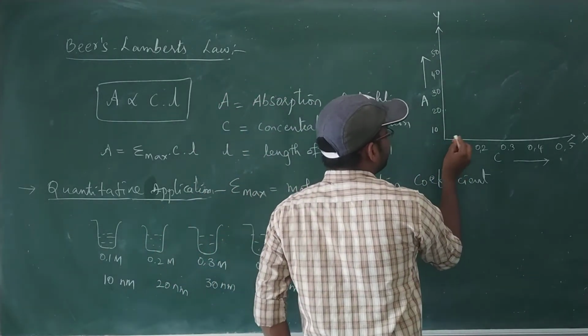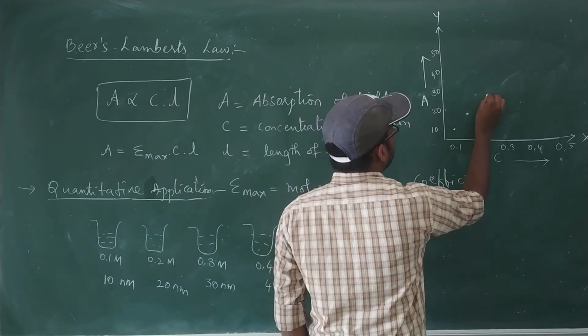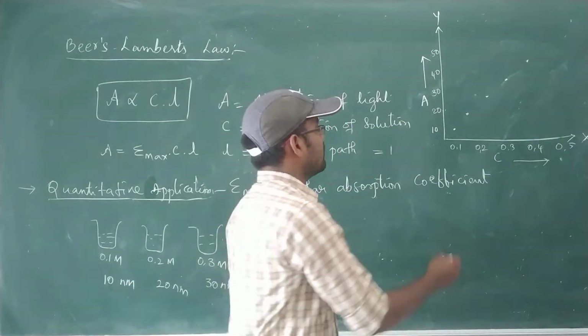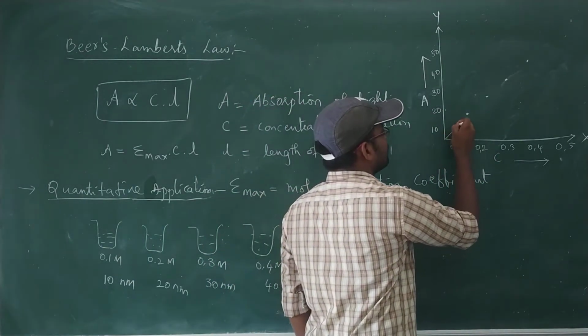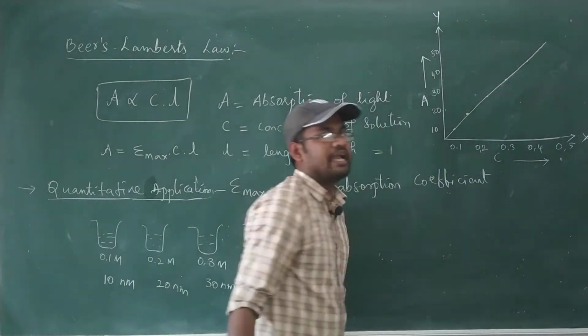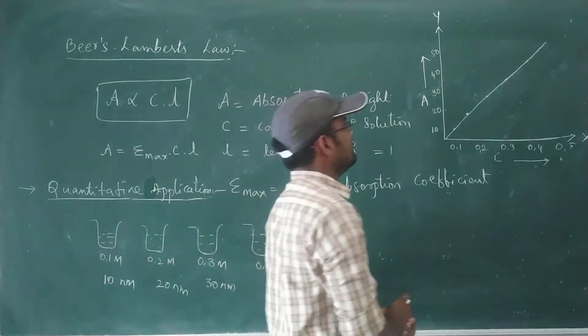So 0.1 gives absorption 10, then 20, 30, 40, 50. So we get such a graph. The line passes through the origin.